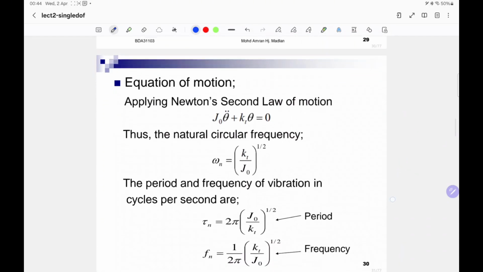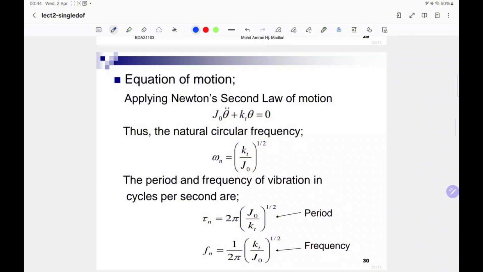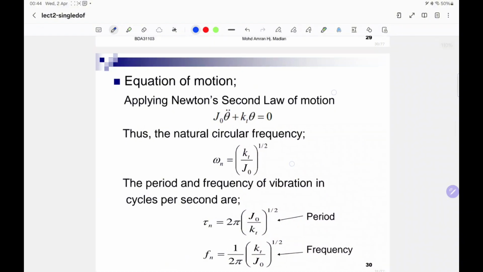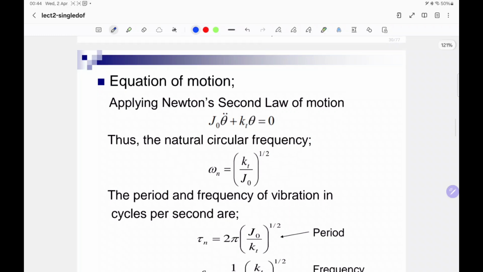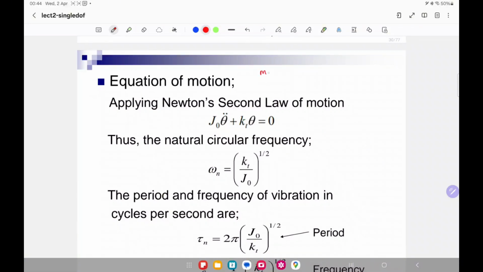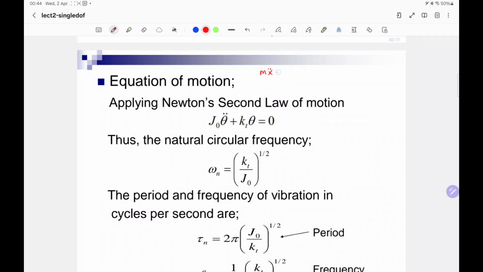Then the equation of motion. From the free undamped translational system, the equation of motion is m x double dot plus k x equals 0.